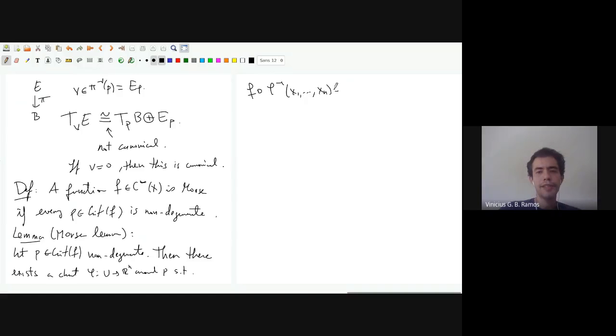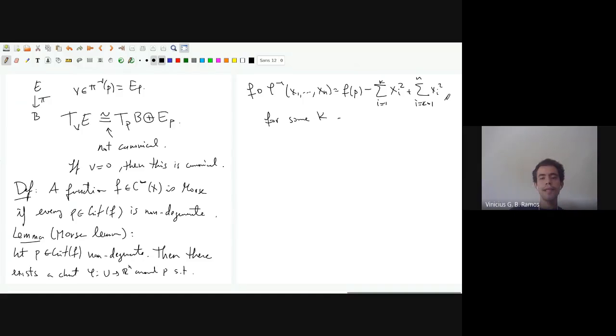It's just a constant, and then a quadratic term: minus the sum of xi squared from i equals 1 to k, plus the sum of xi squared from k plus 1 to n, for some k.